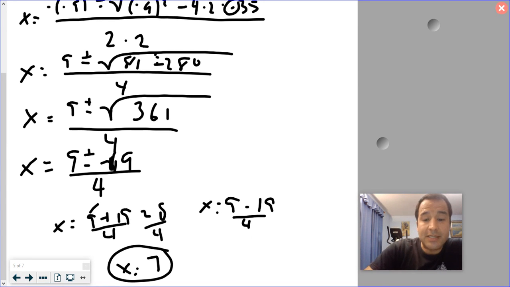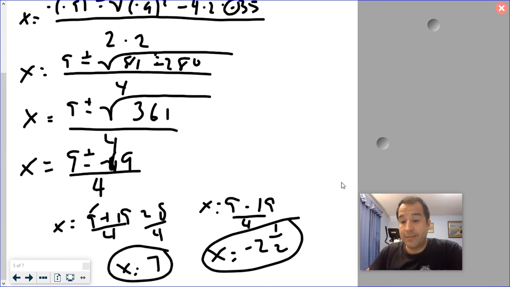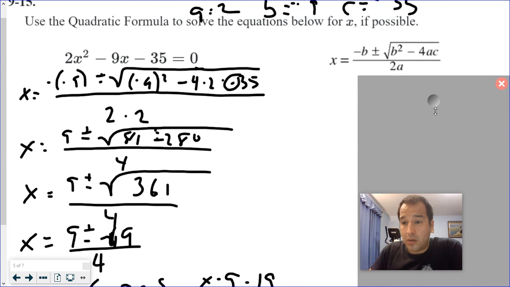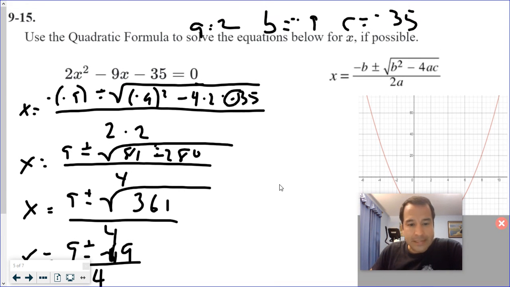And 9 minus 19 would be negative 10 divided by 4. x equals negative 2 and 1/2, or negative 2.5. Got it? Let's see if we're right. So 7 and negative 2 and 1/2. Good. Cool. Awesome. Did you get it right? I hope you did.